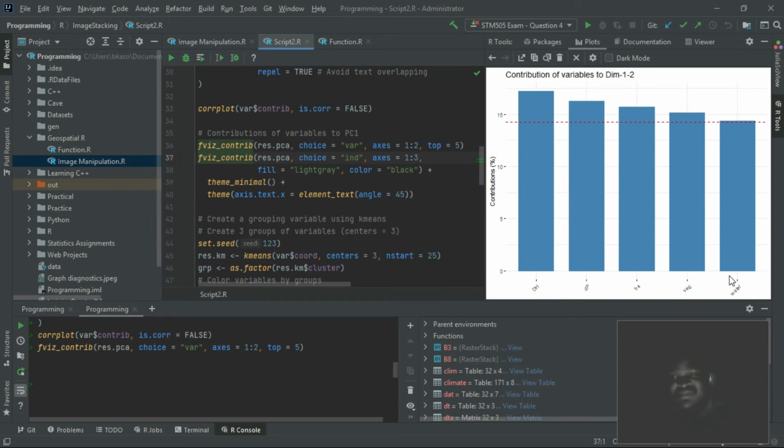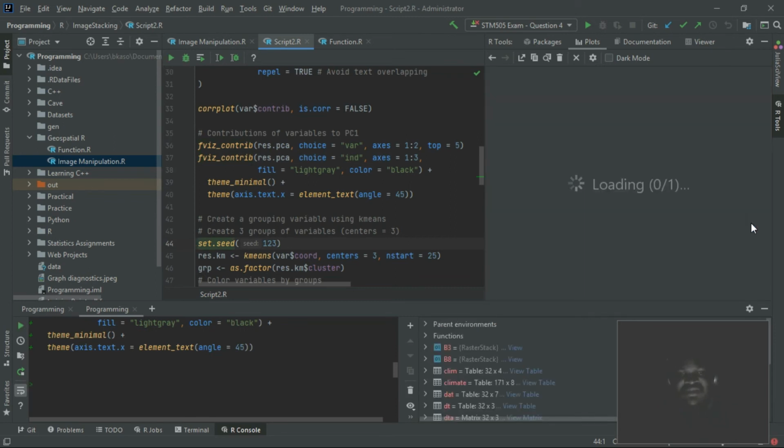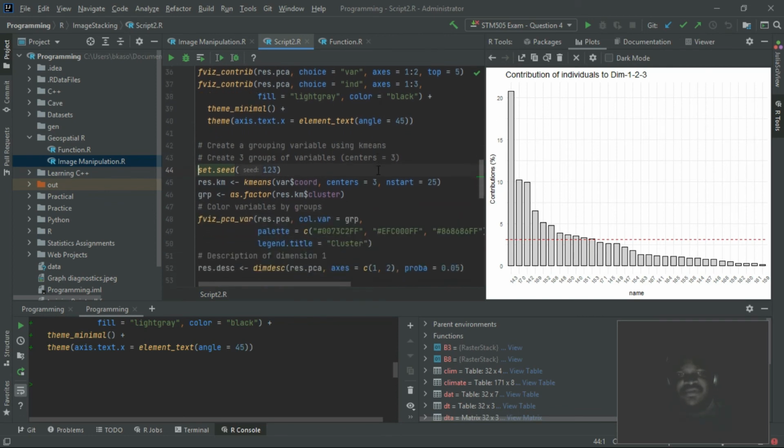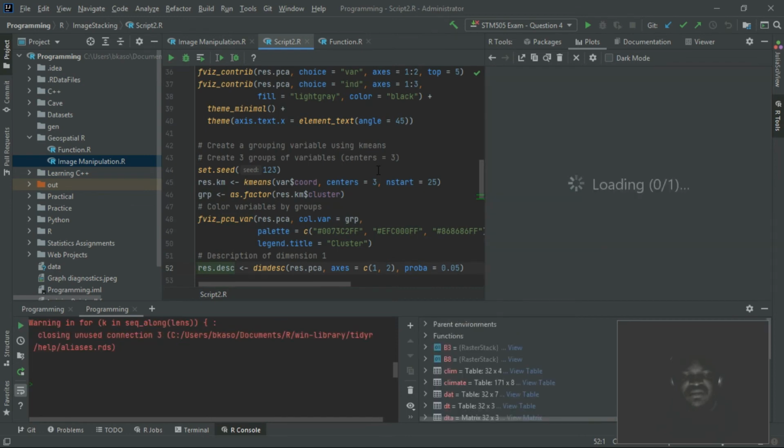Temperature is basically useless, so we can discard temperature from our model. Even evapotranspiration, as I said, could also be useless. We don't really need it, so we can take it out from our model.